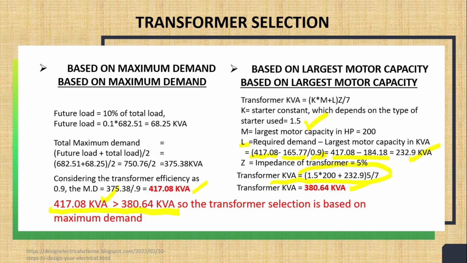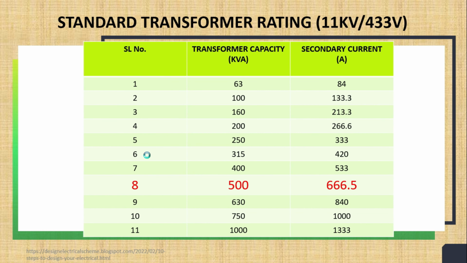This capacity of transformer will not be available in the market because the transformers are manufactured in certain standard capacities. As you can see in the chart, the standard capacities are 63 kVA, 100 kVA, 160 kVA, 200 kVA, 250 kVA, 315 kVA, 400, 500, 630, 750, 1000, 1250, 1600, 2000 kVA.